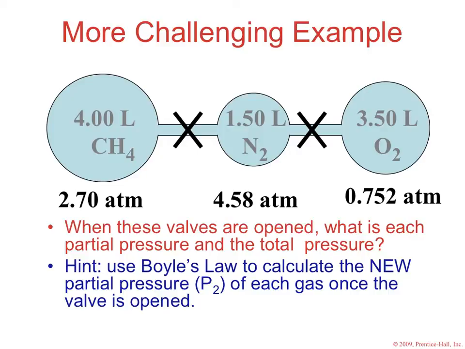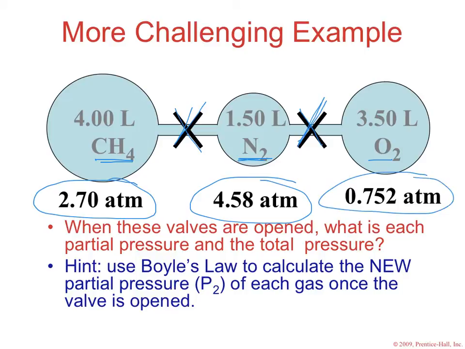So you have a situation, which is not uncommon if you're doing a reaction between different types of gases, where you have, in this case, 3 different gases, and they're isolated. These little X's represent valves that close or isolate the gases from one another. And the pressure, the complete pressure, because they're isolated, they're not a mixture yet, of each of the gases in the chambers.